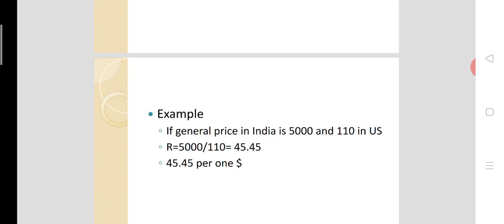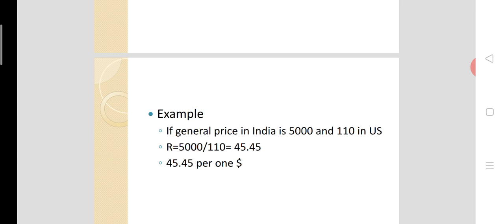And more realistically, when the general price level in India is equal to 5,000 and the general price level in the US economy is 110, P by P star here is 5,000 by 110. It is 45.45. 45.45 is the Indian price of $1.